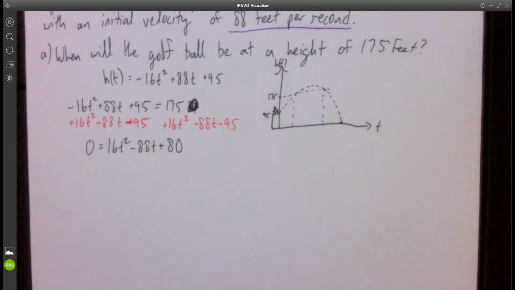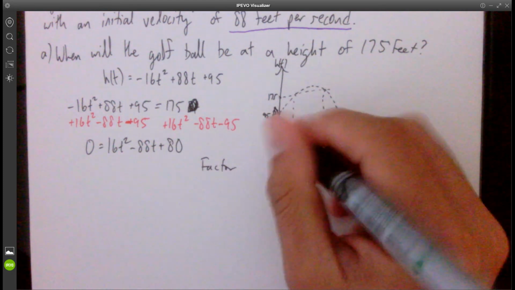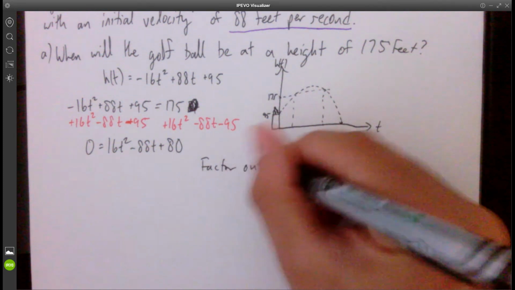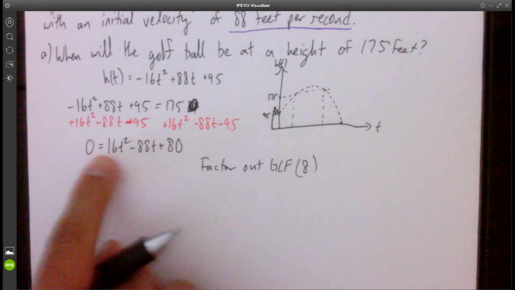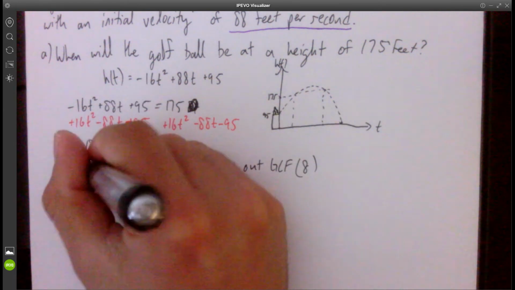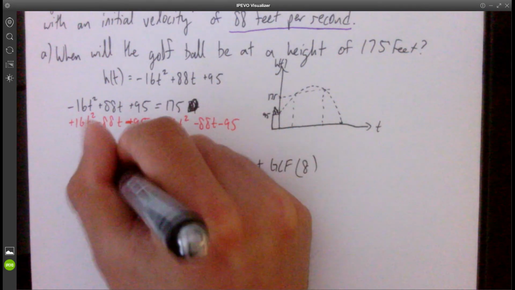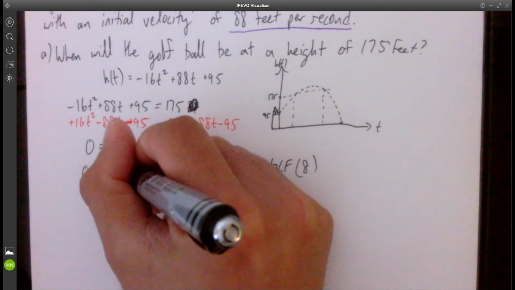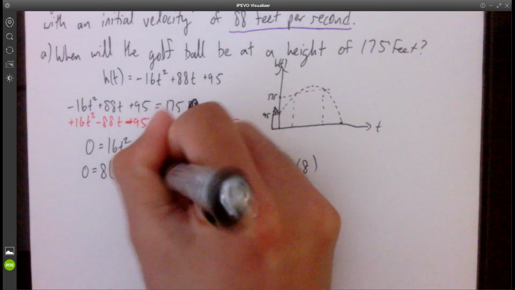Now that I have this, I'm going to see if I can factor out a GCF. In this case, the GCF is going to be 8. So this is going to be equal to 8 times 2t squared minus 11t plus 10.